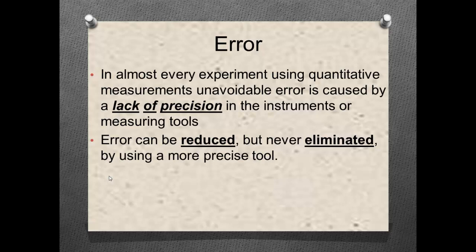So error can be reduced but never eliminated by using a more precise tool. For example, if you're using a beaker to measure a liquid versus a graduated cylinder to measure a liquid, one of those is more accurate than the other. One lacks precision more than the other. To get a better read, you would probably want to use the graduated cylinder, because it has more precision than the beaker.